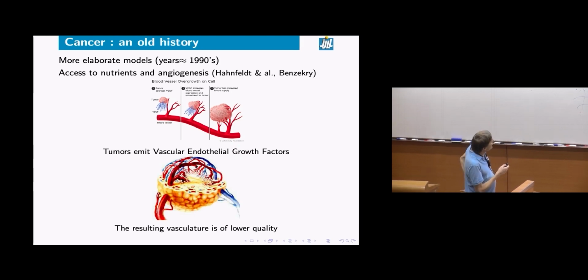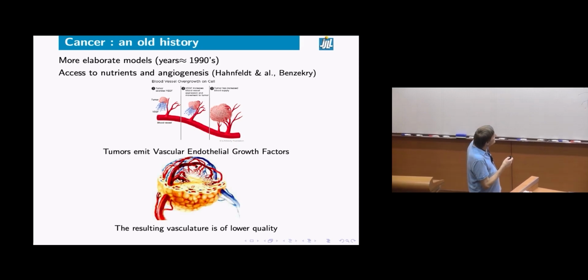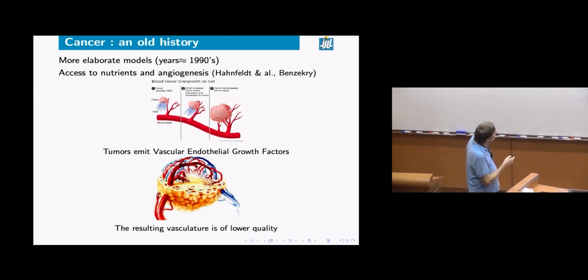So the reason why they think that it fails is that the new vasculature, when you have a normal vasculature, it is well regularized, it is very well behaved, it is regular. The vasculature created by tumors is very erratic.